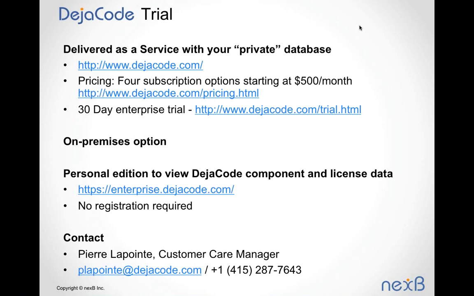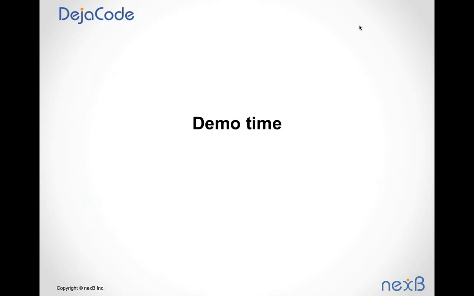DejaCode is a SaaS solution, web-based. We also have an on-premises option, and it's an easy-to-use GUI for navigating and helping your company comply with open source software obligations.